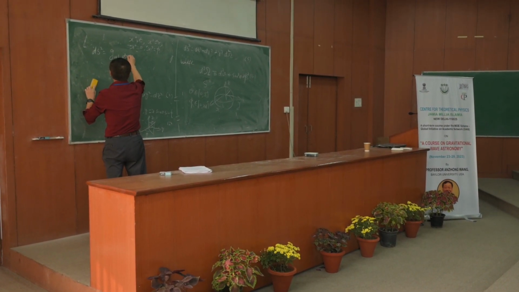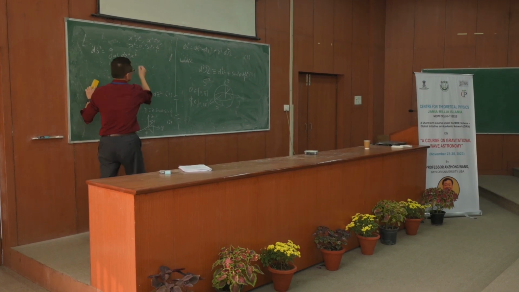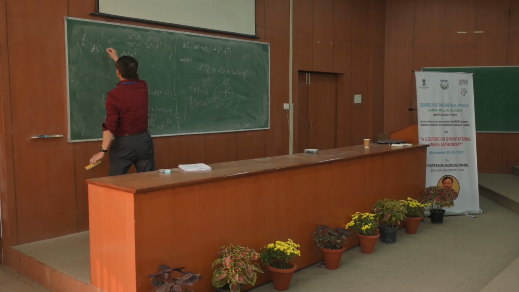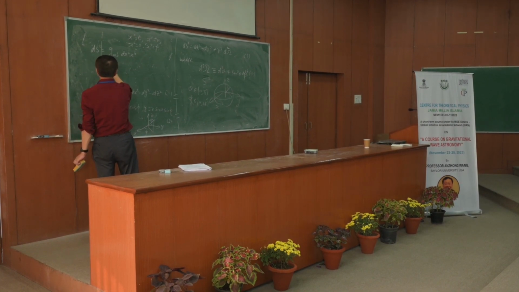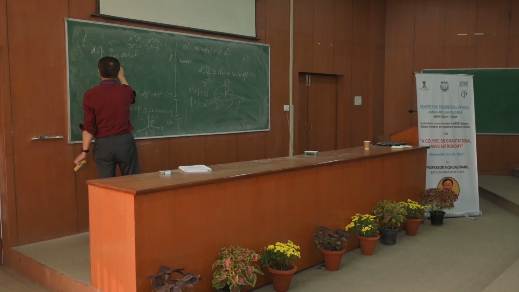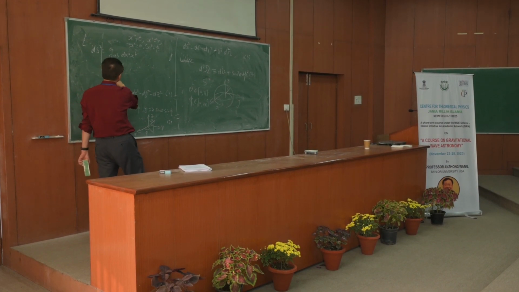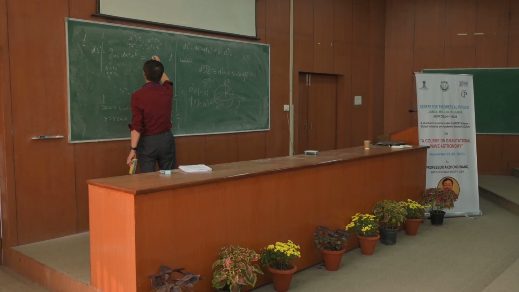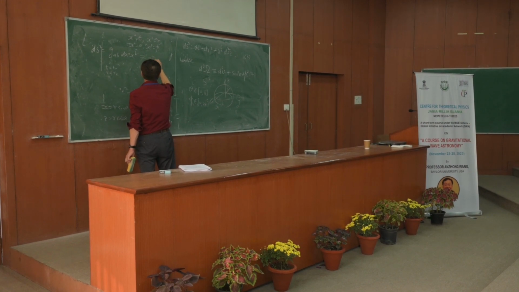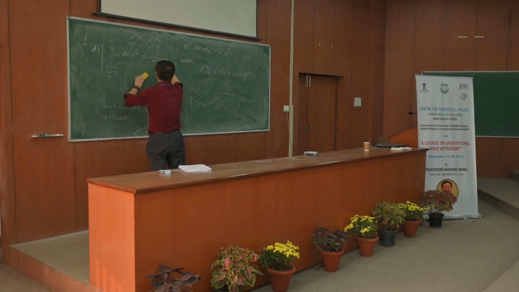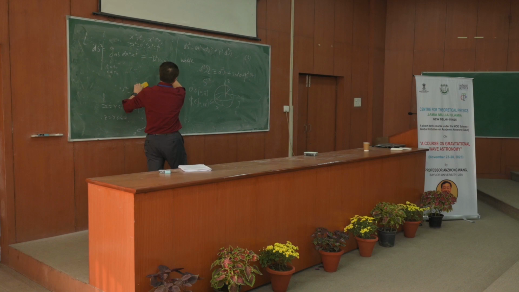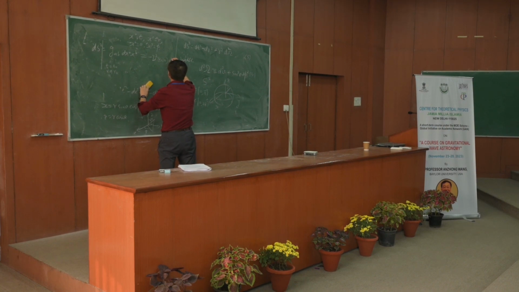So when I restrict the ds squared to t equal constant t0, r equal r0, I should get something like minus a function of t, r, multiplying d omega squared.